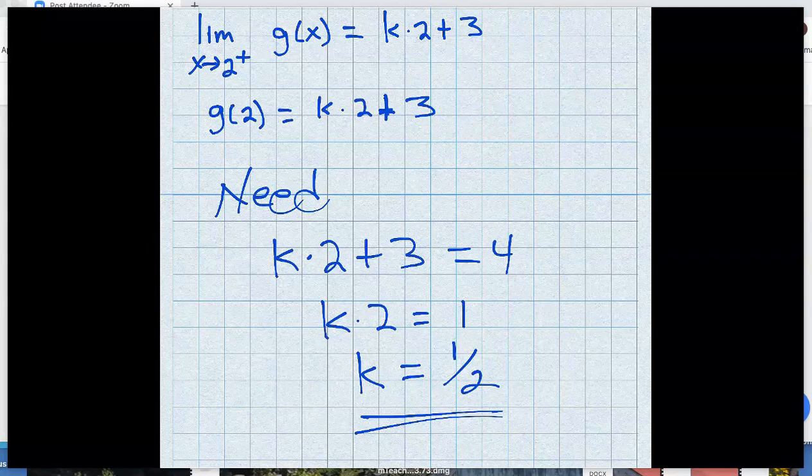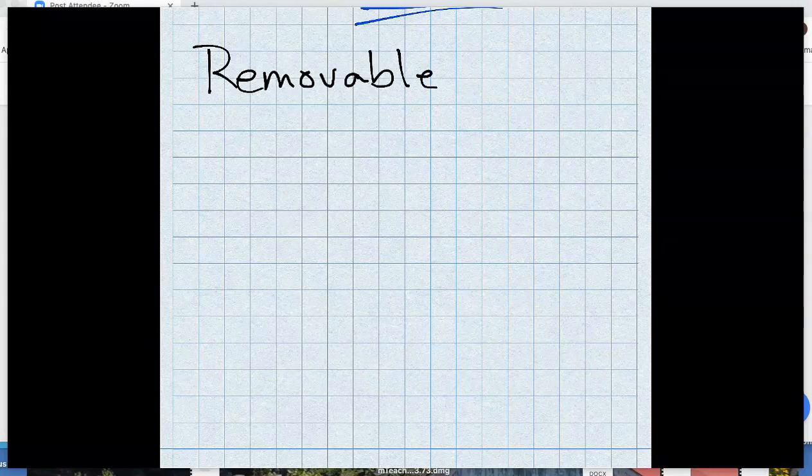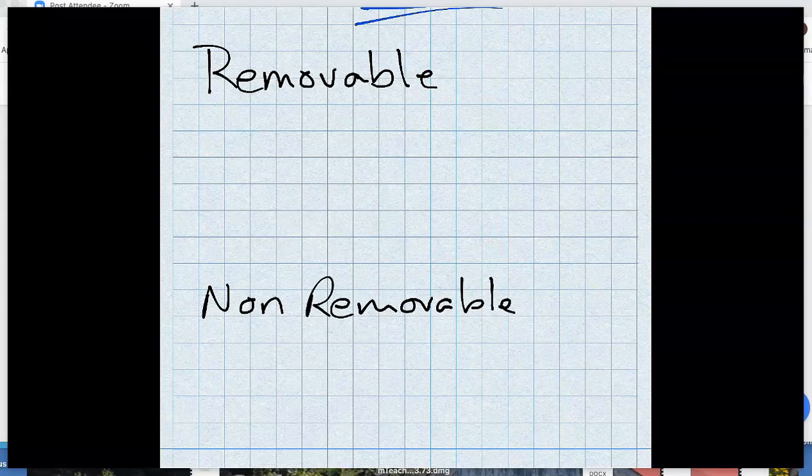Oh, let me back up one more thing. One more thing we kind of need to talk about, just so you know. They may ask you the idea behind removable or non-removable discontinuity. Removable discontinuity, really what you're going to look for is a hole in the graph.